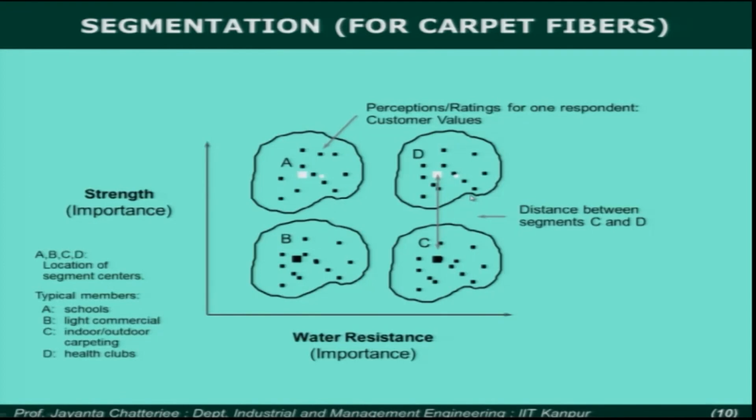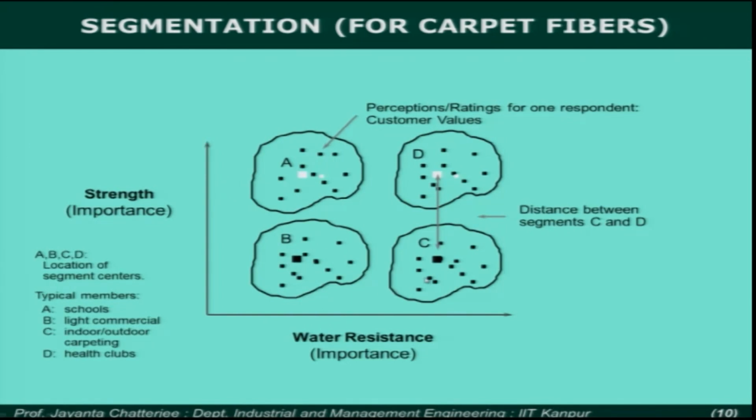Or you could be somewhere where your water resistance is low but your strength is high. So, you may be here, or you may be making something which is for low grade use, so you have neither any distinction with respect to water resistance nor with respect to strength. In that case, you come in this particular structure.